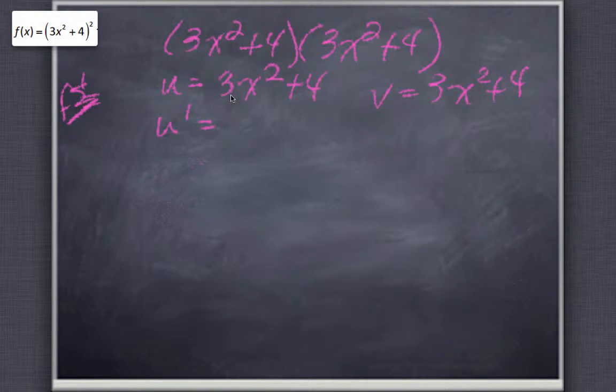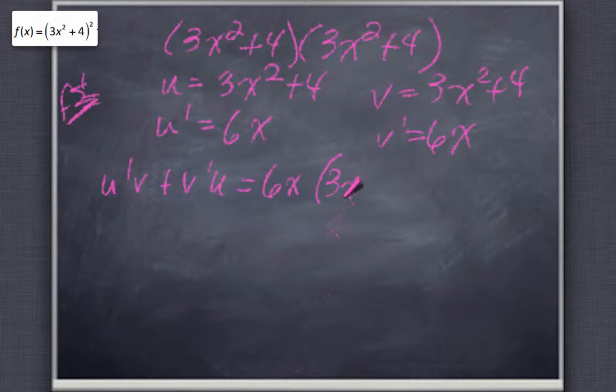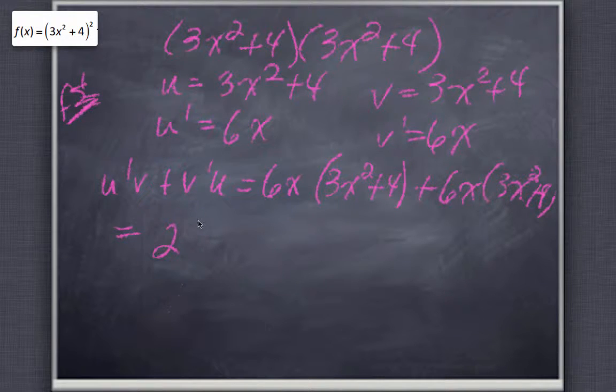So u prime equals 2 times 3 is 6. Drop 1x. V prime, same thing. So u prime v plus v prime u is 6x times 3x squared plus 4 plus 6x times 3x squared plus 4 equals, I'm going to say 2 times 6x times 3x squared plus 4.